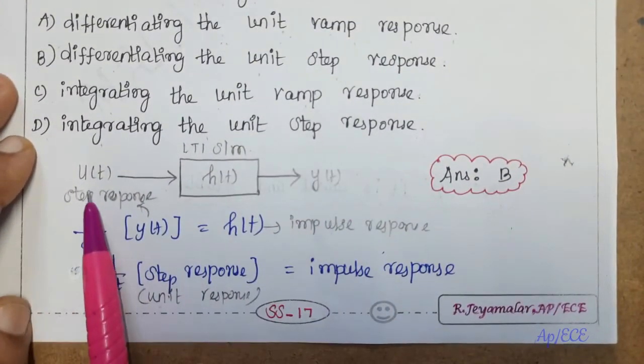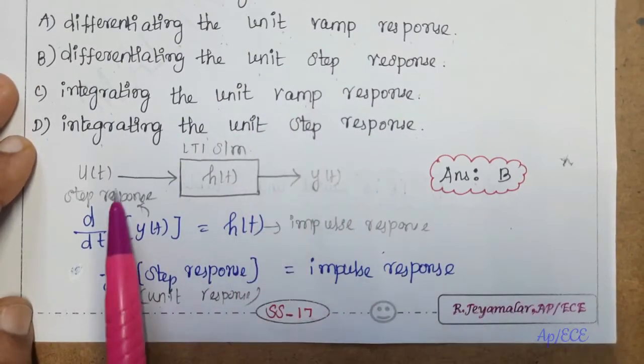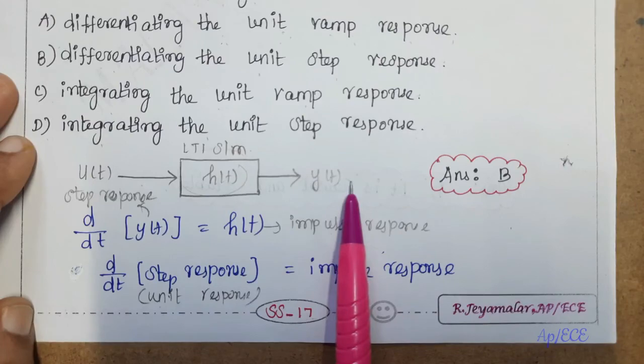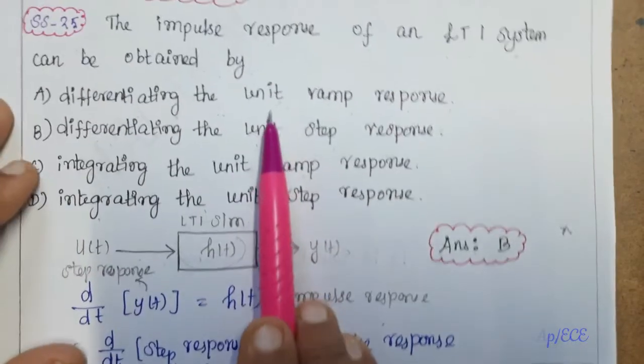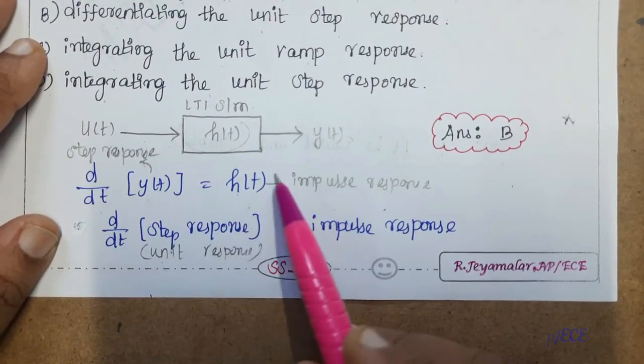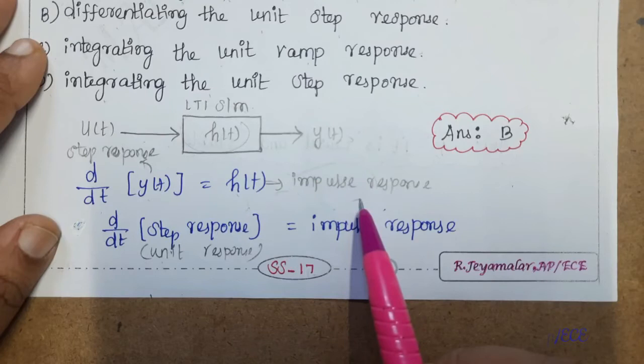See the diagram. We know the ordinary LTI system: this is the input, the LTI system, and the corresponding output. The question is the impulse response, isn't it? We know the differentiation of y of t is equal to h of t, and h of t is nothing but the impulse function.